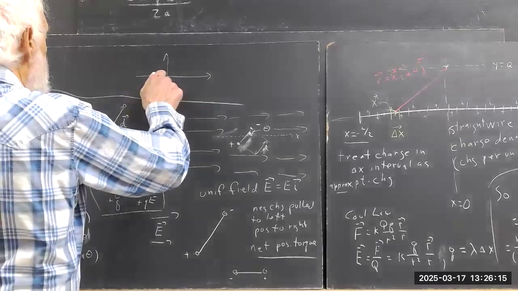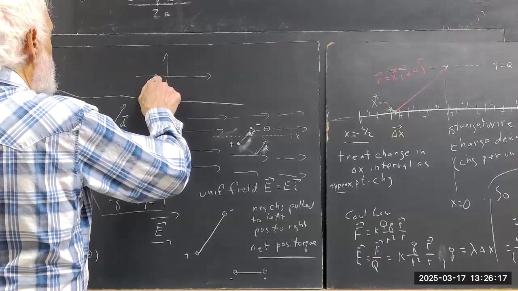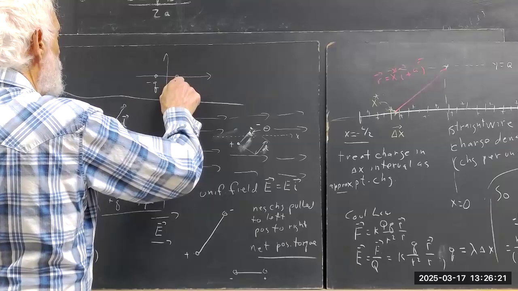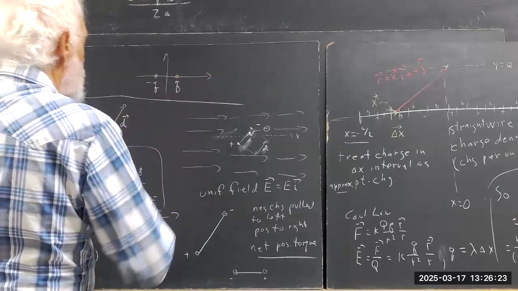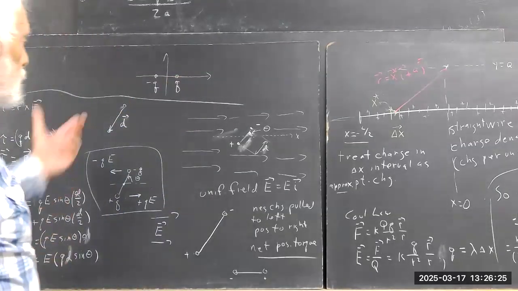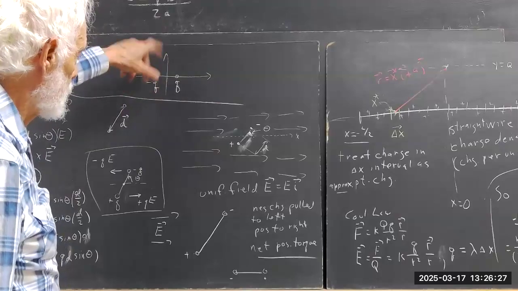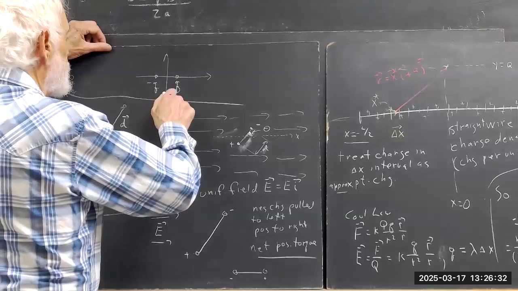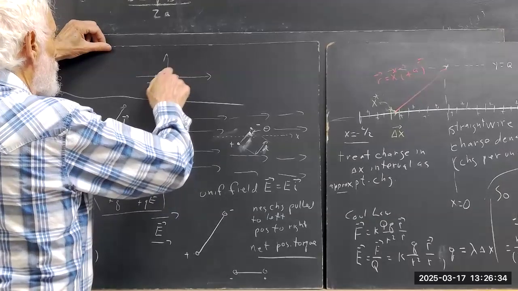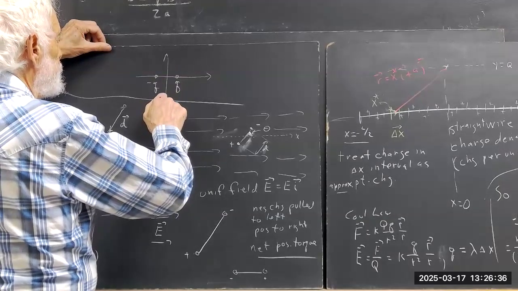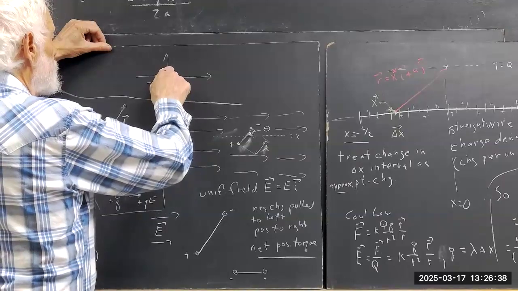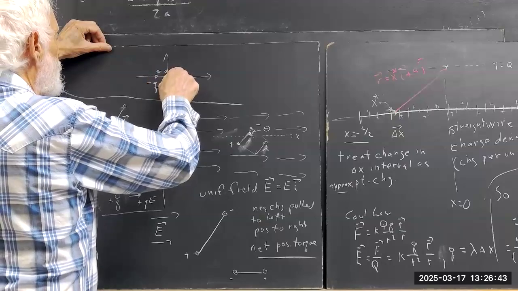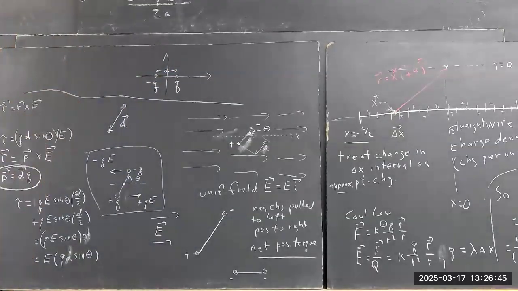If we have a dipole, I'll draw it along the x-axis, it's equally well drawn along the y-axis, with A being the distance between them.